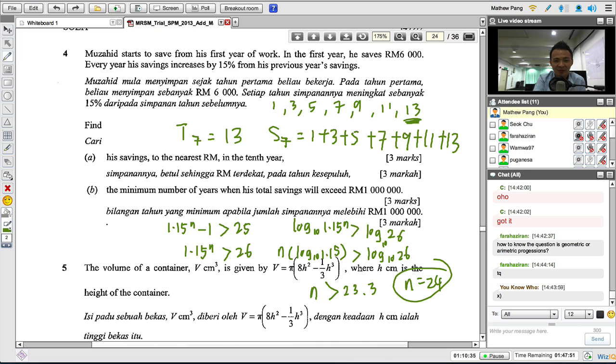T7 means like the nombor yang ke-7. S7 means like jumlah dari nombor 1 ke nombor 7. Yeah, I hope you can understand my Malay. So you just sum up everything, then you get S7.